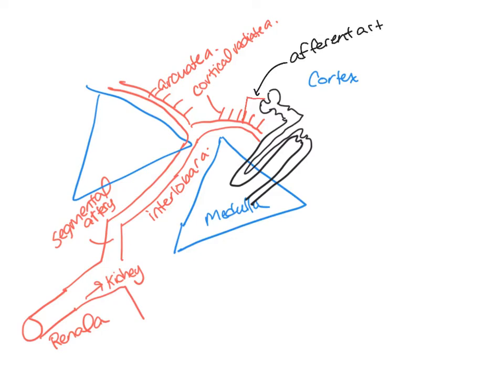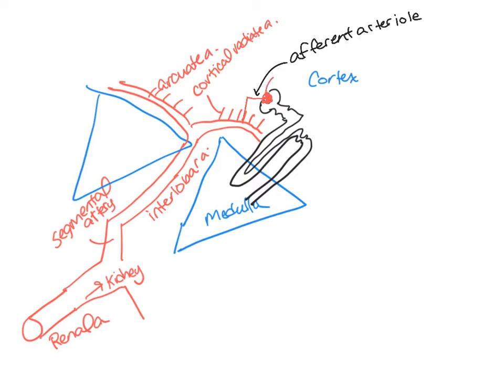All right, so now we're getting a lot smaller. Remember, arteries become arterioles, arterioles then branch into capillaries. So this afferent arteriole is going to branch off into a capillary bed, but it's kind of a special capillary bed because normally capillary beds then will become venules. But in this case, this is just an expansion of that afferent arteriole, and then coming out of that afferent arteriole, we have the efferent arteriole.